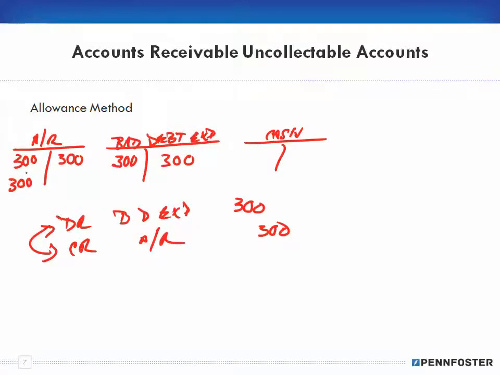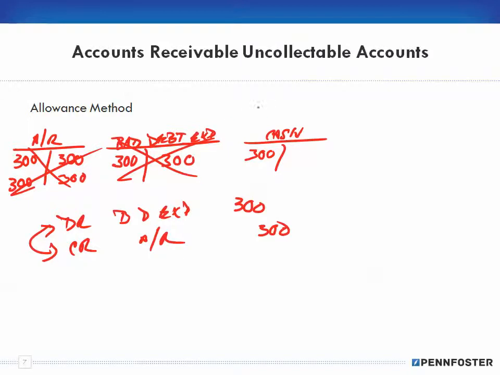Then to pay off the $300 for our accounts receivable, we would credit the accounts receivable for $300 and debit the cash for $300, so it would show payment.